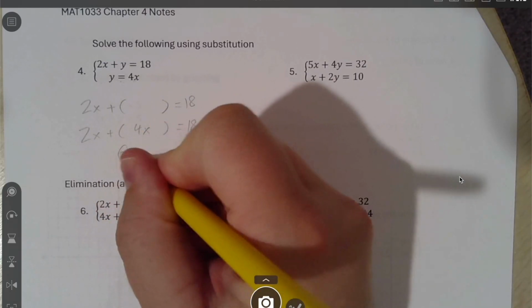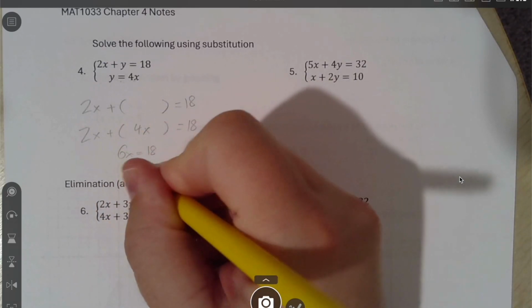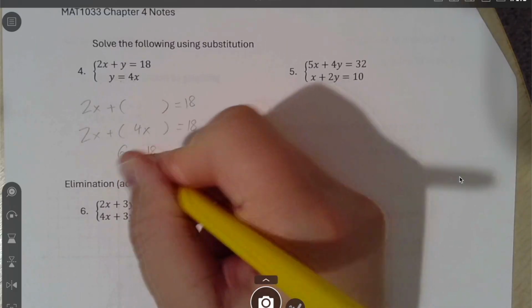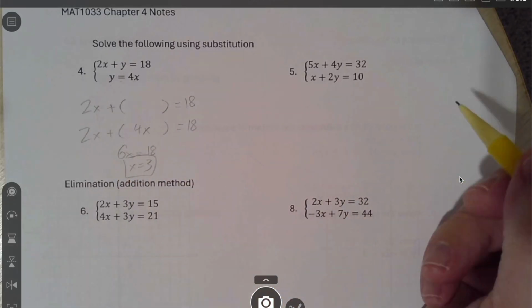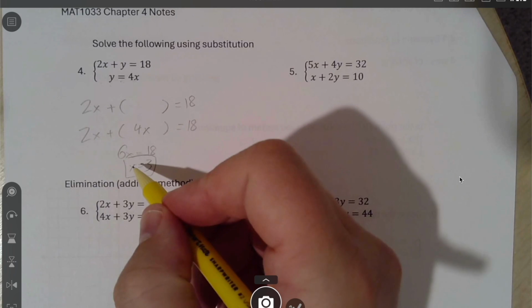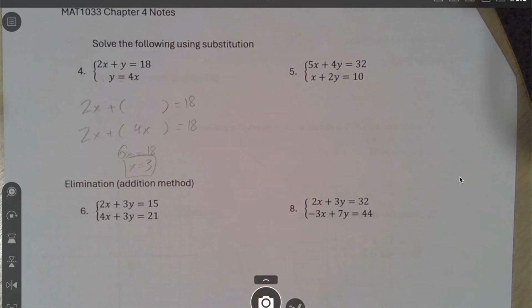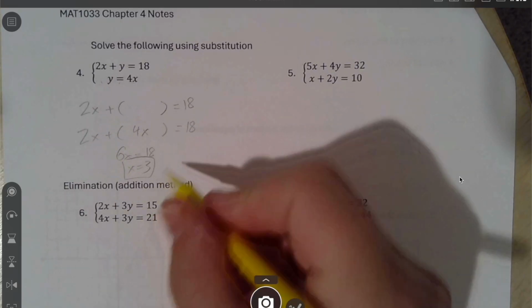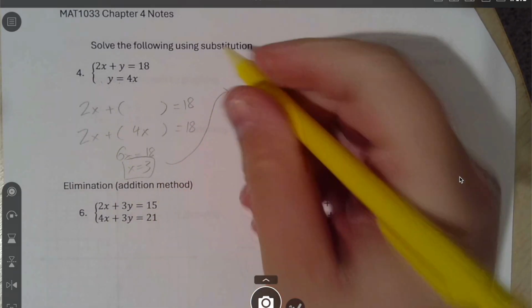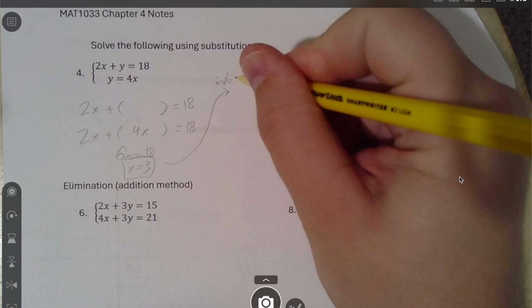And I end up getting 6x equals 18, and I end up getting x equals 3. At that point in substitution, you take that one part of your answer, and we know it's a part of our answer because any of these systems have an xy point as an answer. So I've found the x coordinate, and now I need to find the y coordinate. Well, I can do that by just plugging this into any of my equations, and I'll plug it into the first.